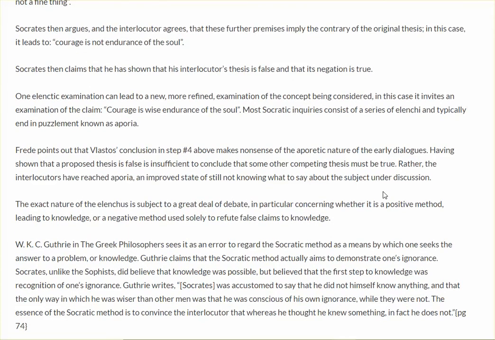Then he argues, and the interlocutor agrees, that these further premises imply the contrary of the original thesis. In this case, it leads to courage is not endurance of the soul. Socrates then claims he has shown that his interlocutor's thesis is false and that its negation is true.